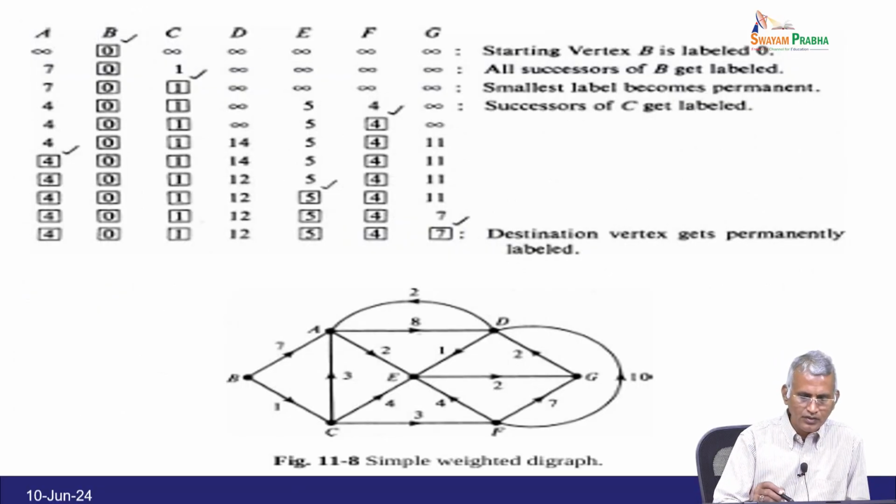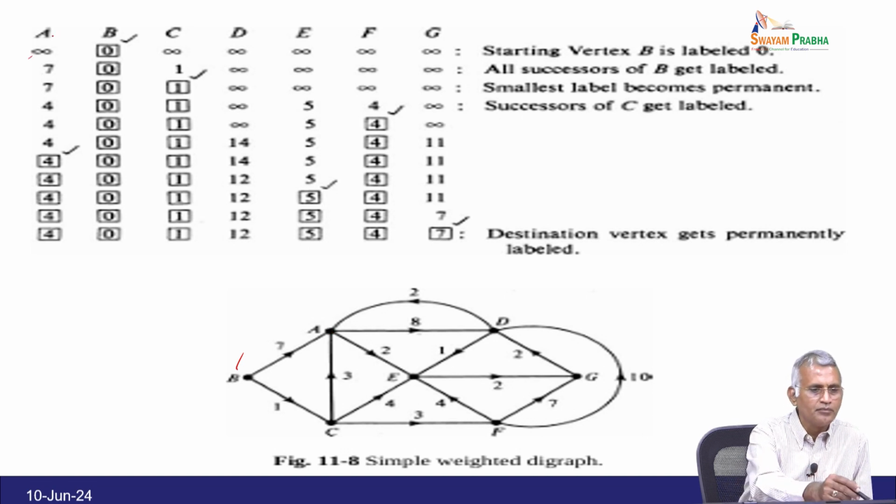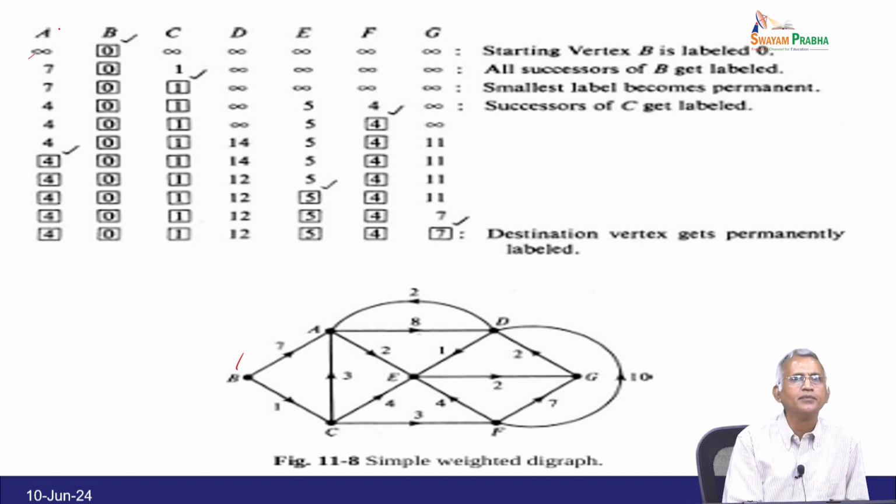Now you take the starting vertex B and label it 0, and the vertices are A, B, C, D, E, F, G. Let us start with A. Initially A has no self loop, therefore you put infinity as per the definition, and vertex B is labeled 0.